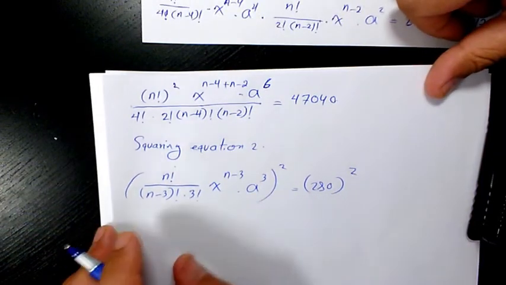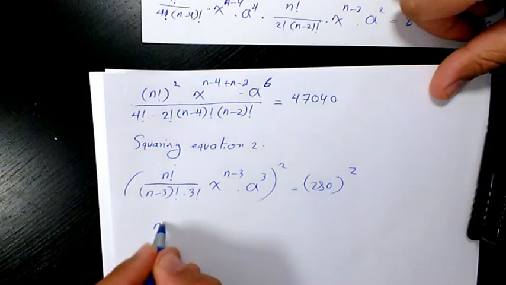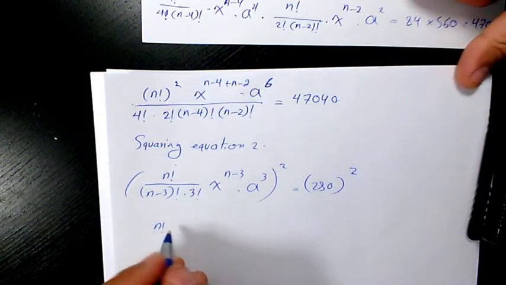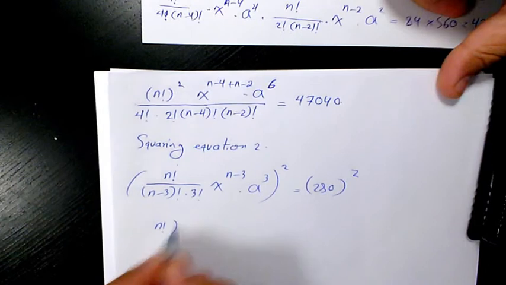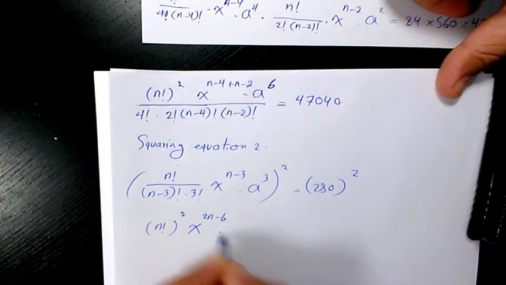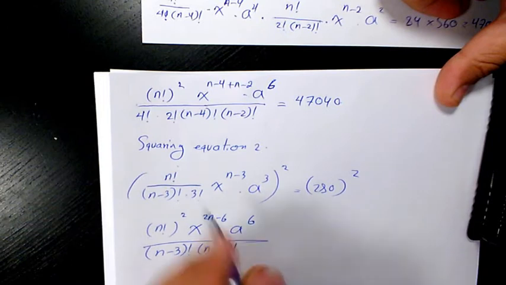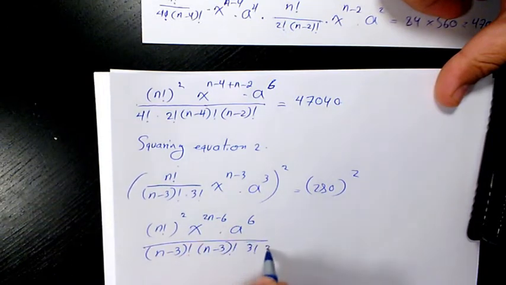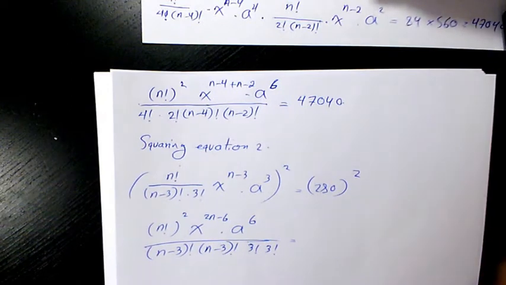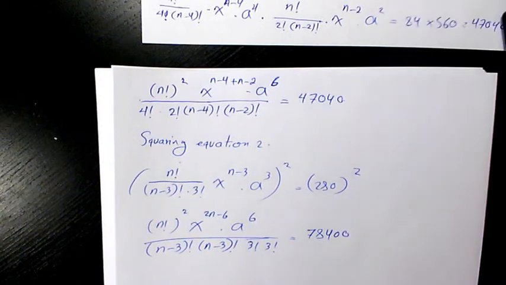That is n factorial to the power of 2, x to the power of 2n minus 6, a to the power of 6, over (n minus 3) factorial, (n minus 3) factorial, 3 factorial times 3 factorial. Here is going to be 78400.